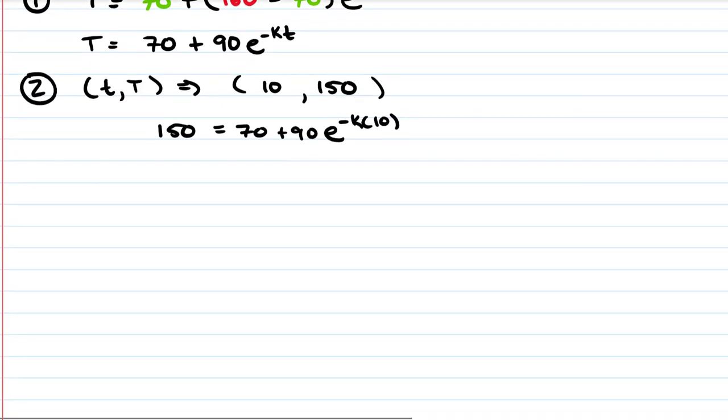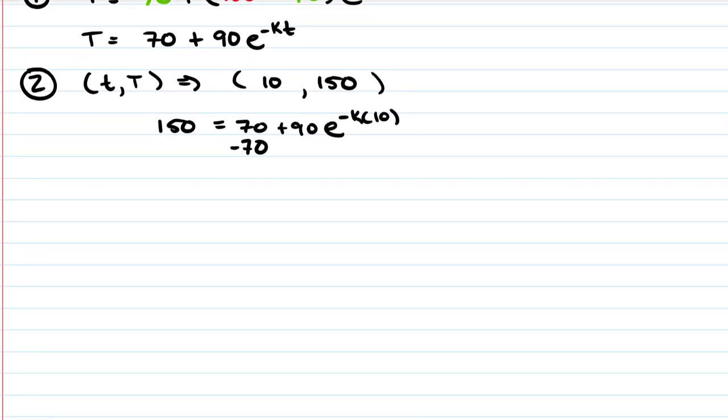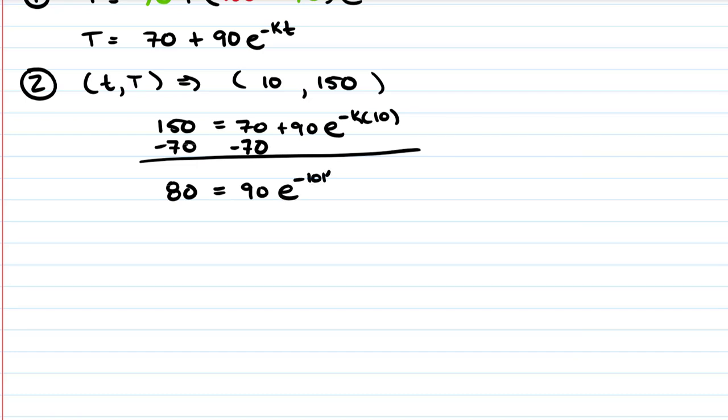To solve this equation, we need to isolate our exponential. So we minus 70, we minus 70, and we get 80 is equal to 90 e to the negative 10k. We finish isolating by dividing both sides by 90, and we get 8/9 is equal to e to the negative 10k.